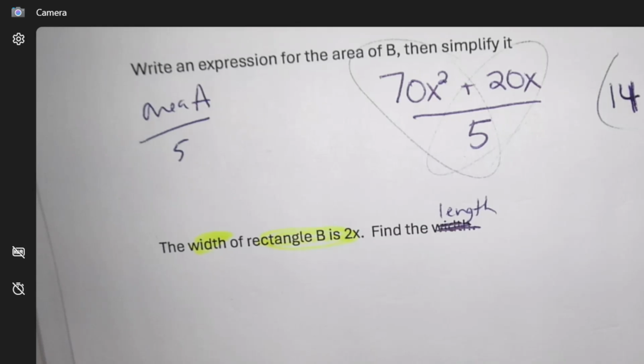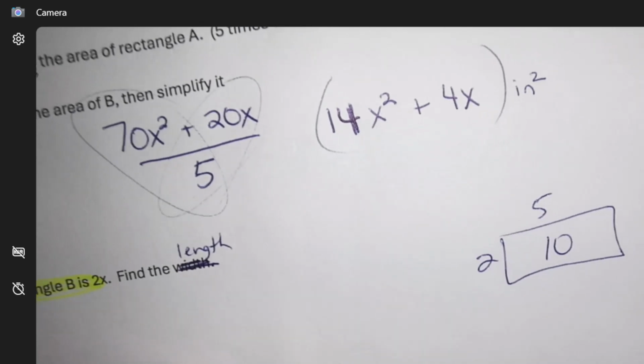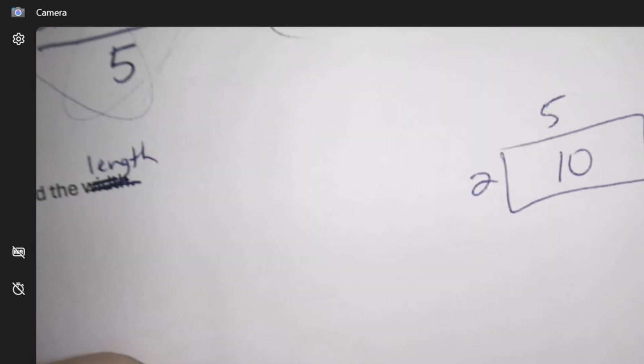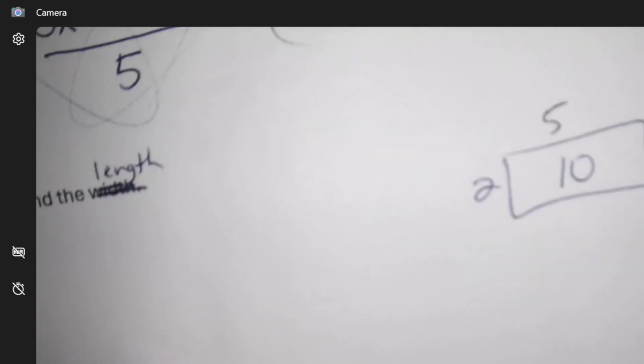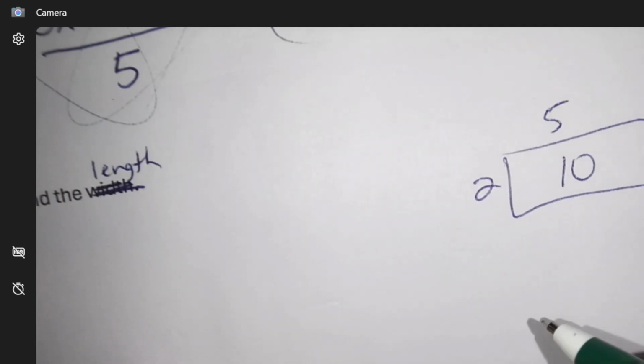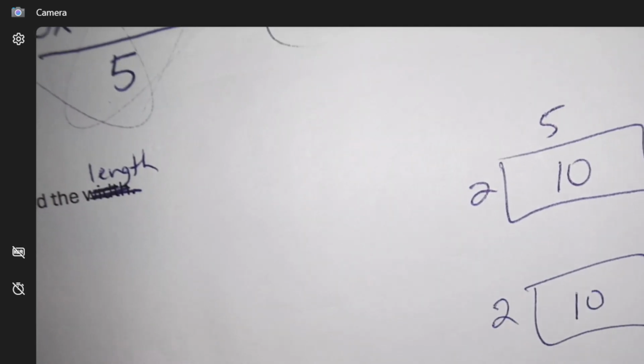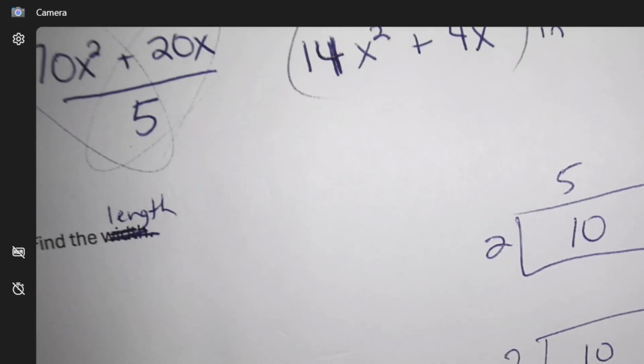Does that make sense? So I'll give you just this very simple example. Here's an example. If a side is 2 and the other side is 5, the area is 10. But if the area is 10 and the side is 2, what am I doing? Dividing.